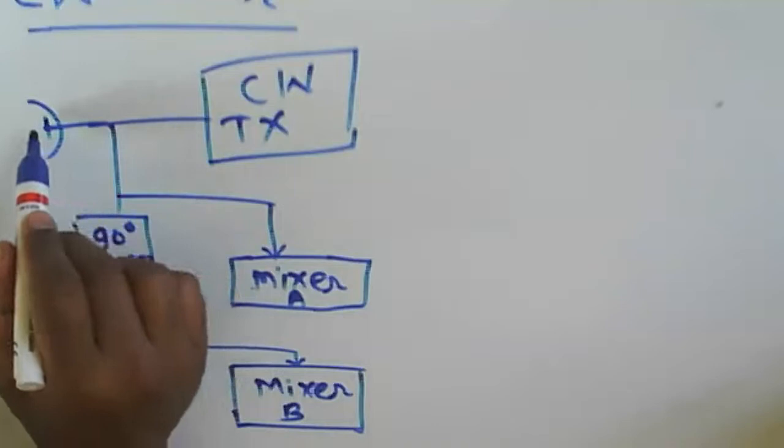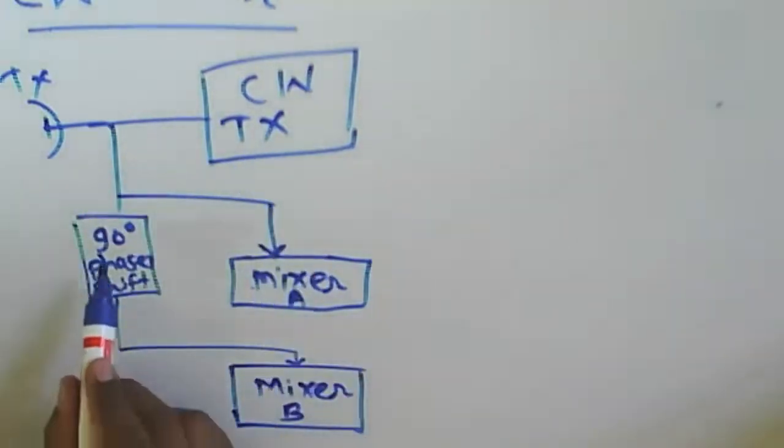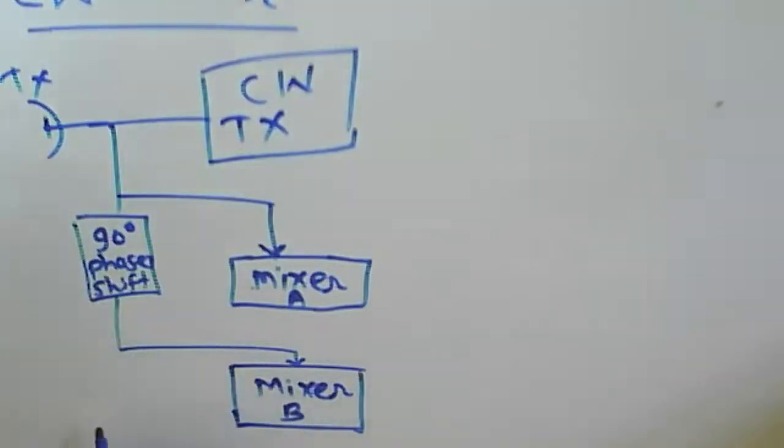Okay, so we can consider this one. This one is about your transmitter section, and we say that this one is about a transmitting signal from the transmitter, 90-degree phase shift from the transmitter. Again, we consider that this one is about a received signal here at this position.